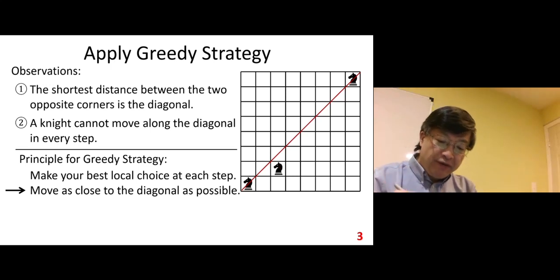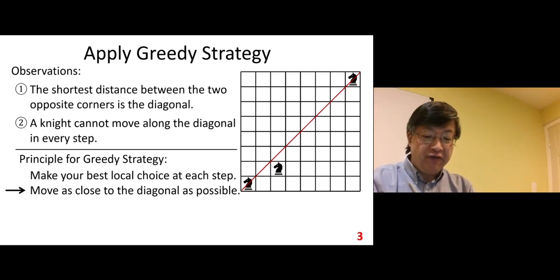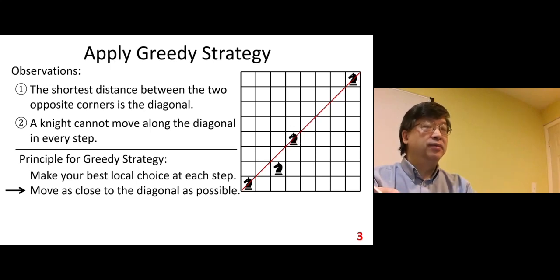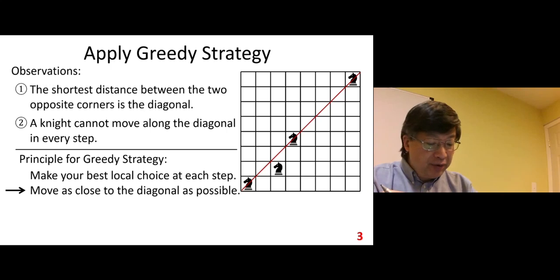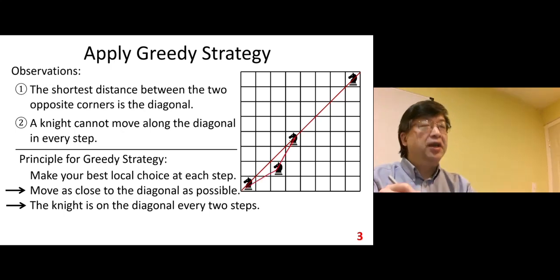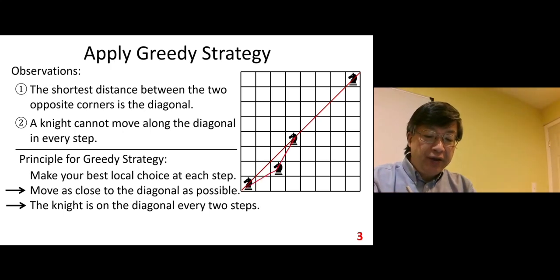So first we move to this location, very close to the diagonal, not exactly on the diagonal. But the next move, it is on the diagonal. Another move. So here you can see every 2 steps, 1, 2, we get to the diagonal.